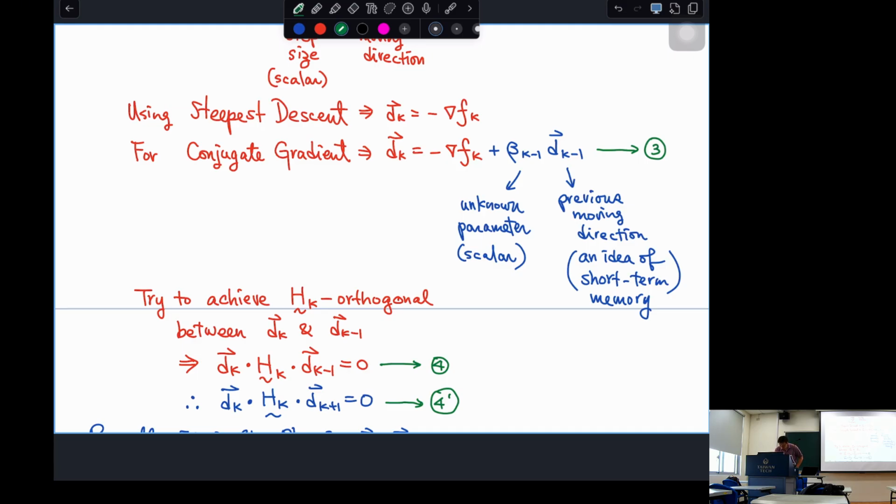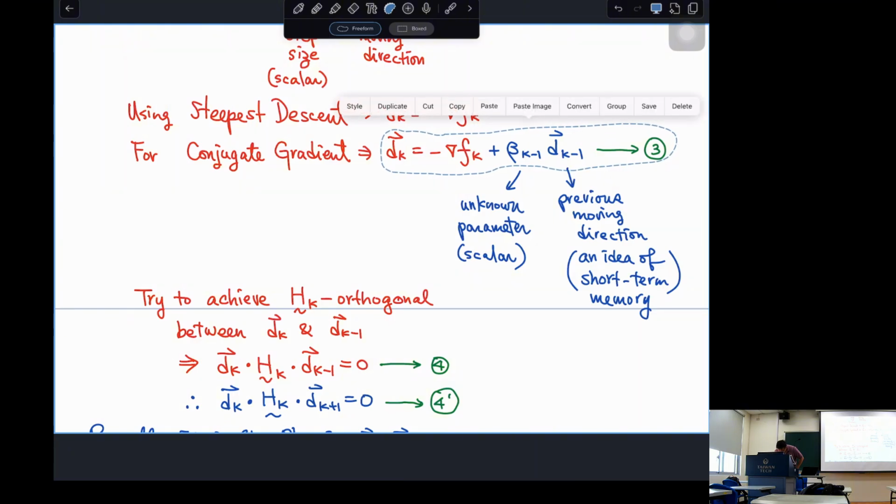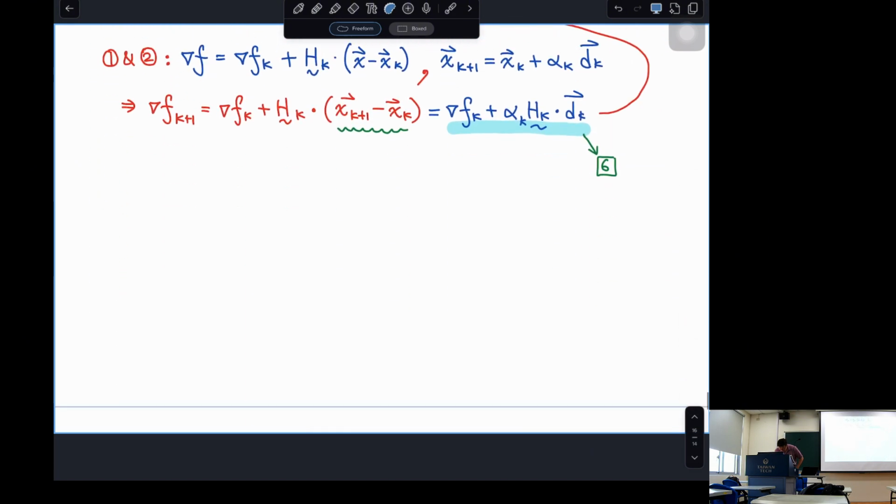So now we have good preparation. We are now going to do something with the beta. So now let's take a look at equation 3. So over here, equation 3 is right here.